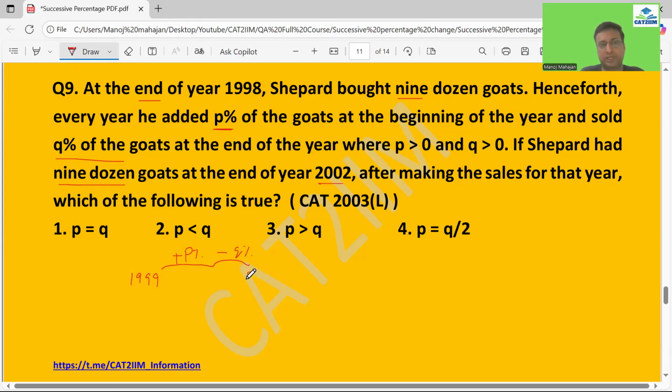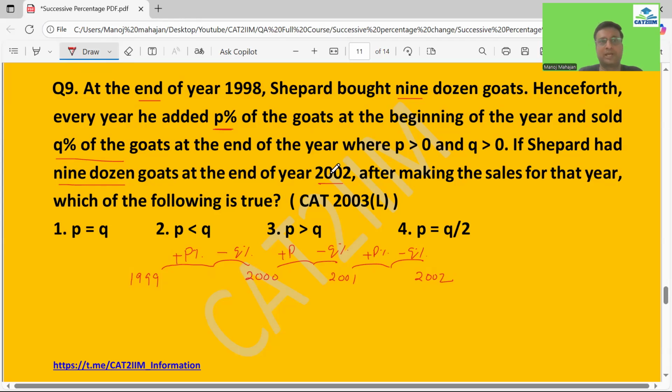Let's move to the next year, that is the beginning of 2000. Similarly, we do it again for the next year: P% increase, Q% decrease. Let's move to the next year, 2001. Similarly, P% increase, Q% decrease. Let's move to the year 2002.